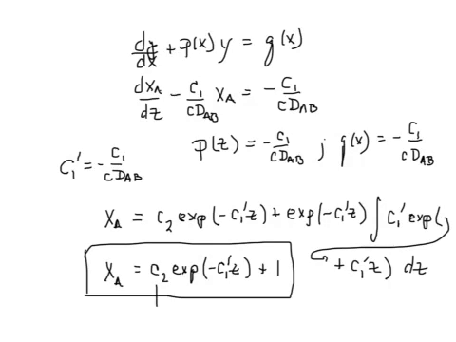So now all we do is apply the boundary conditions of the problem to determine the unknown constants C1 prime and C2. So this is how we always proceed, integrating indefinitely, introducing arbitrary constants of integration, and then use the boundary conditions to determine those particular constants.